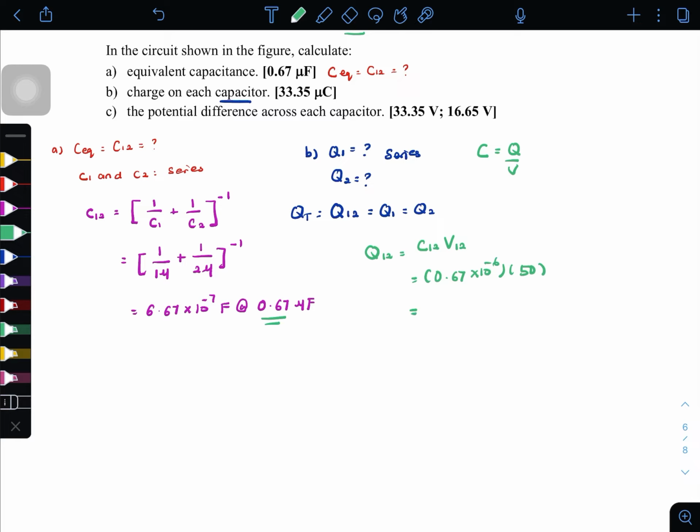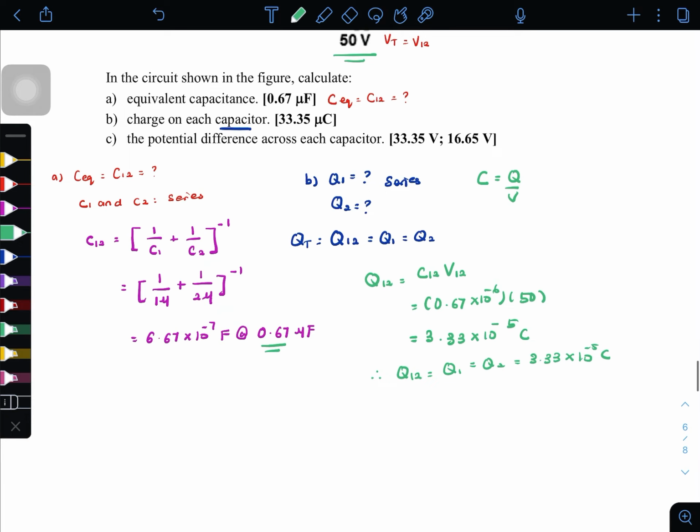Okay, we have 50 volt, so we will get 3.33 exponent negative 5 coulomb, and kita boleh concludekan dekat sini Q12 is equals to Q1 and equals to Q2 equals to 3.33 exponent negative 5 coulomb.